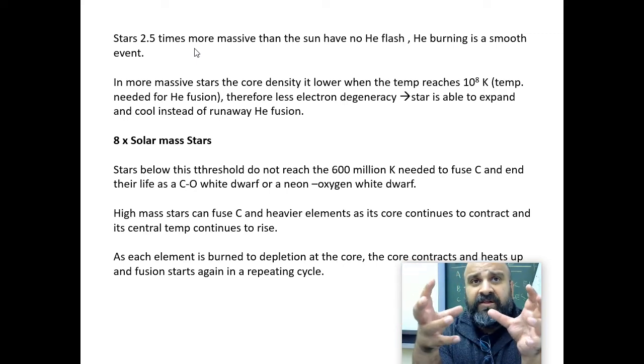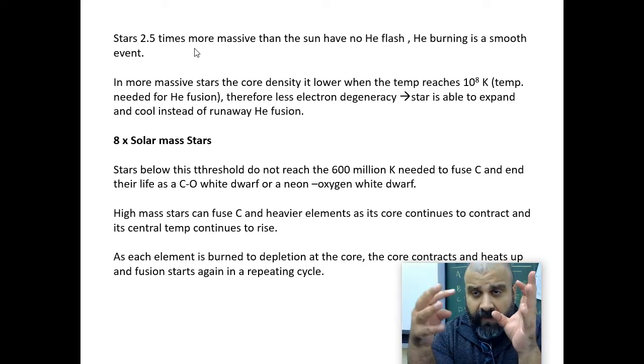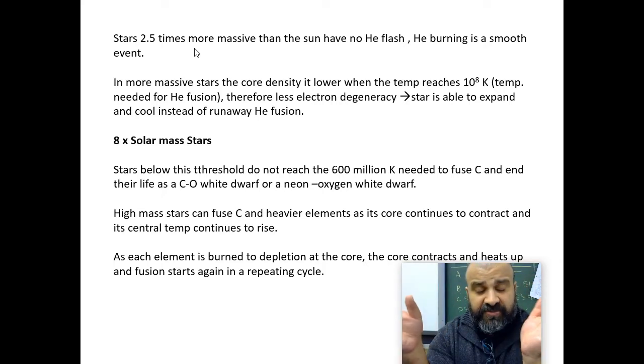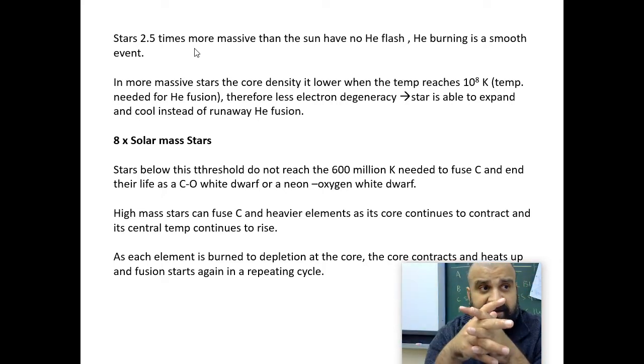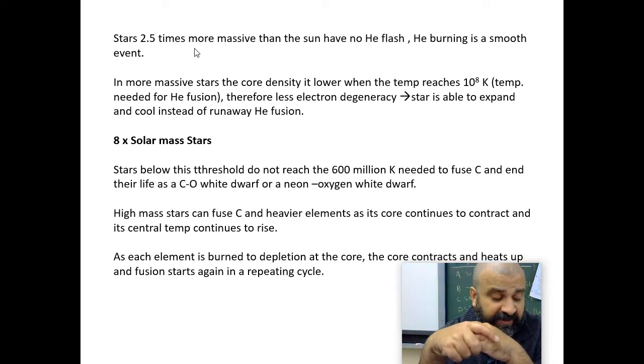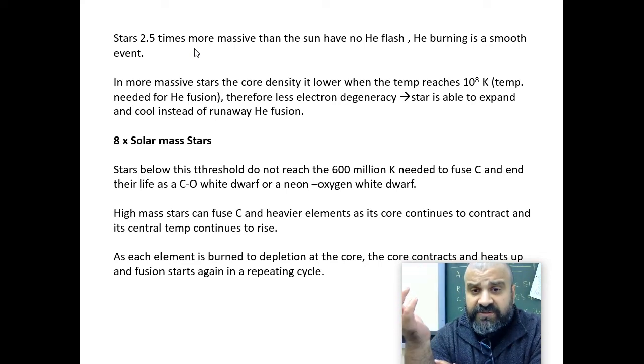If you remember, that helium core got super super hot. It got degenerate, and in terms of quantum physics, it caused the helium to behave differently and get a massive increase in heat, and we'd get the helium flash. Larger stars don't tend to do that.